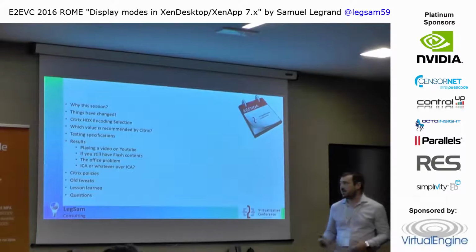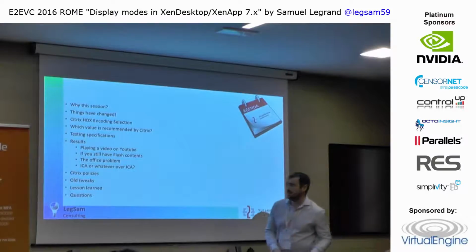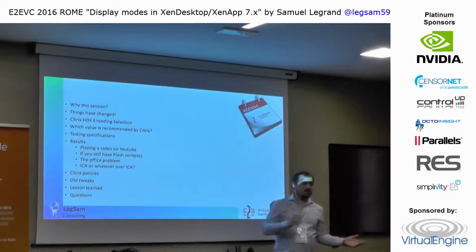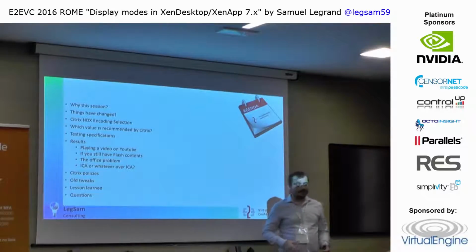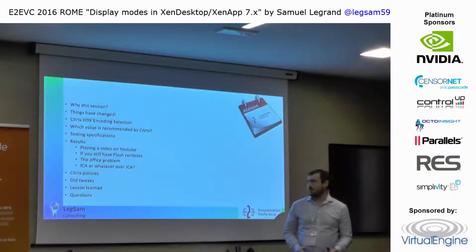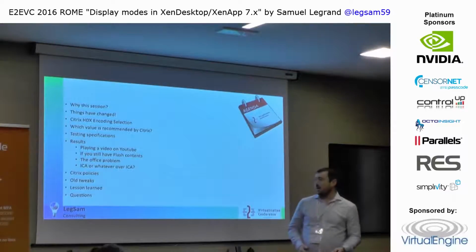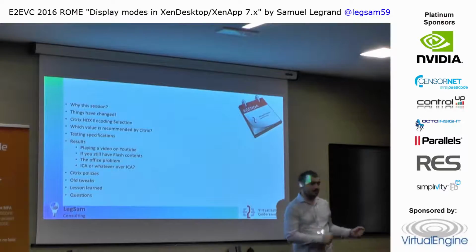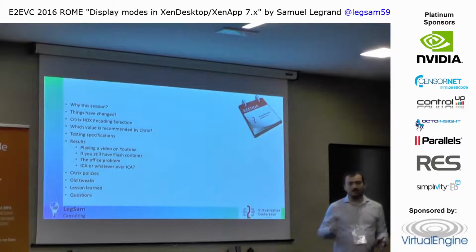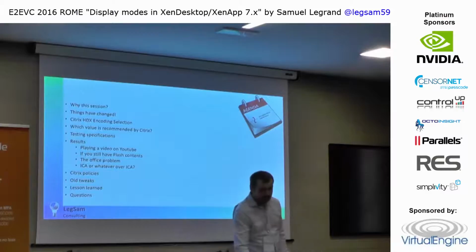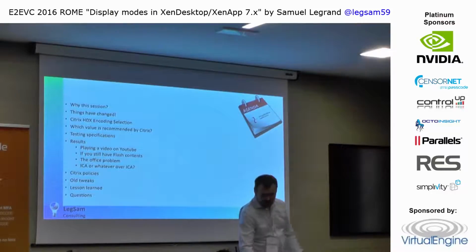I will explain how I make my testing, and some results, how we figured out some tricks to lower the bandwidth used by a Citrix session. Some old tweaks that are still valid with the new version of Citrix, and a quick summary of the lessons learned. And if you have any question, I will try to answer.